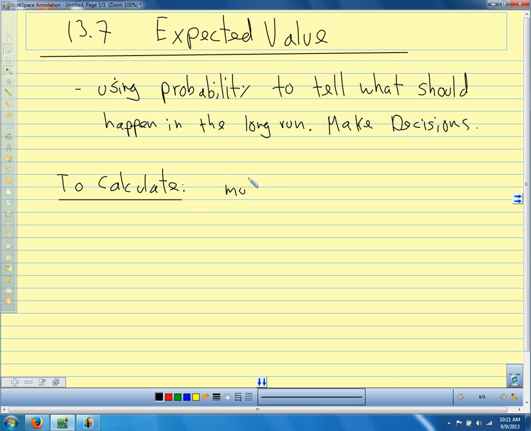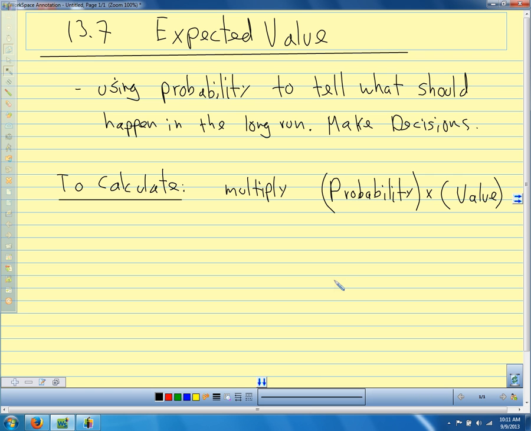We multiply the probability times the value. And that's really all we have to do.